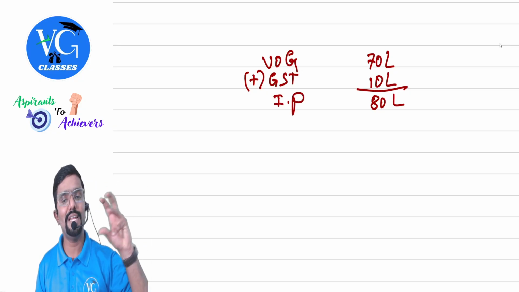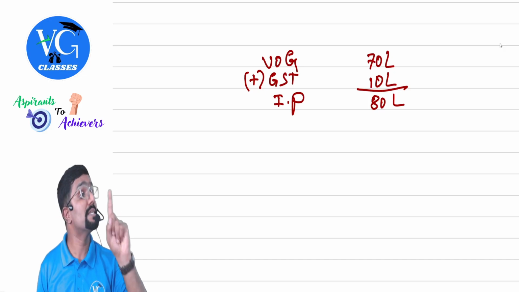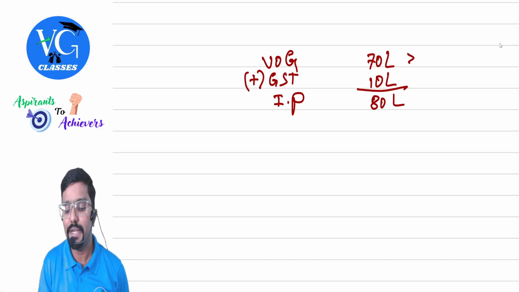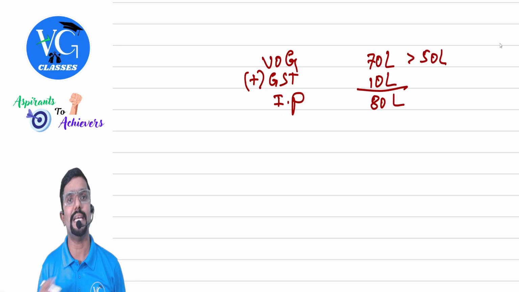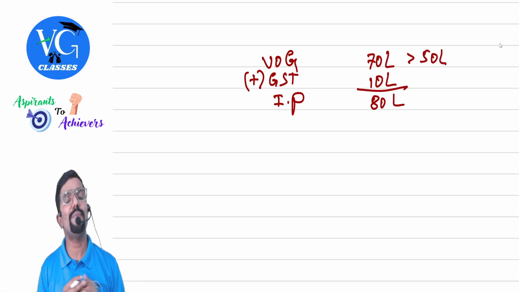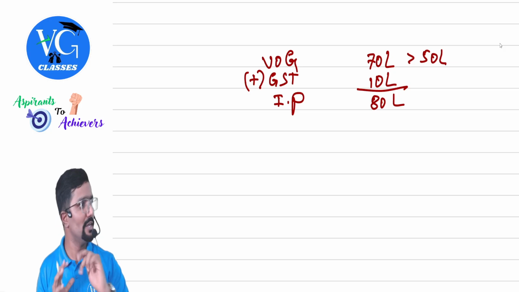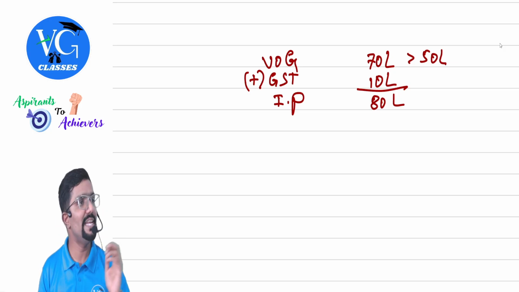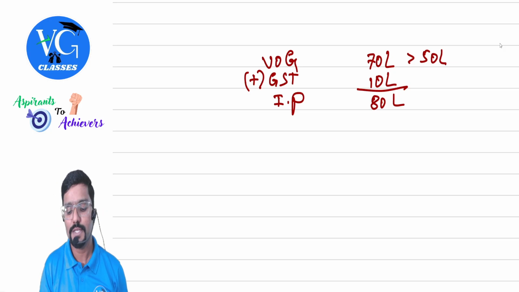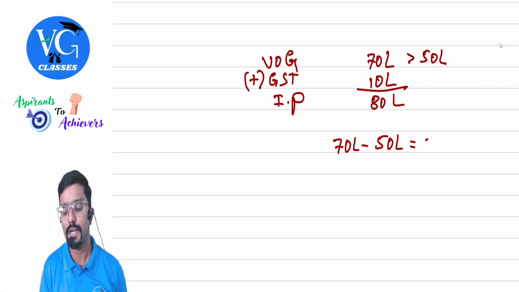So when we are checking 50 lakh, should we check 80 lakh or 70 lakh? 70 lakh. Is 70 lakh more than 50 lakh? Yes. Now the buyer will pay how much to the seller? 80 lakh, including GST. But he needs to deduct TDS on what amount? 70 lakh minus 50 lakh. How much is that? 20 lakh. On that, 0.1%.